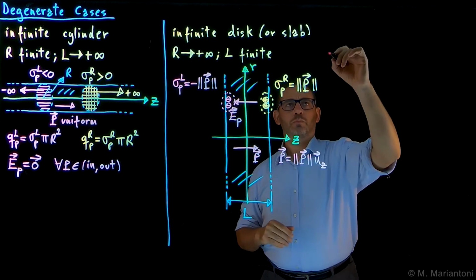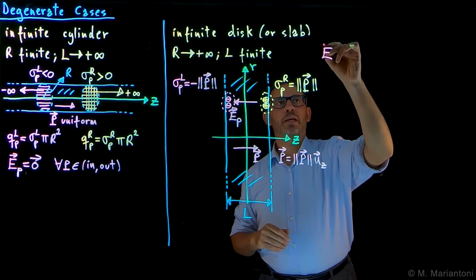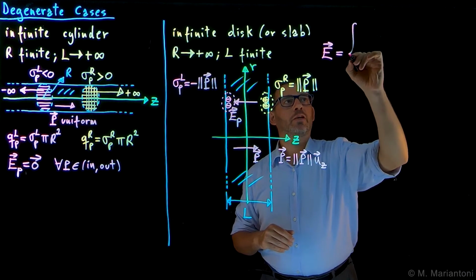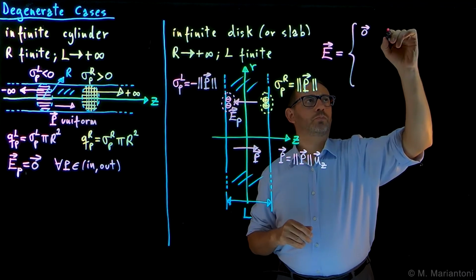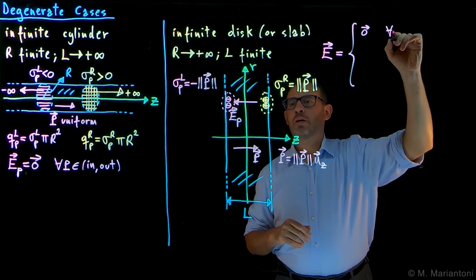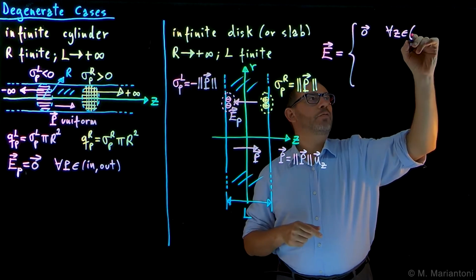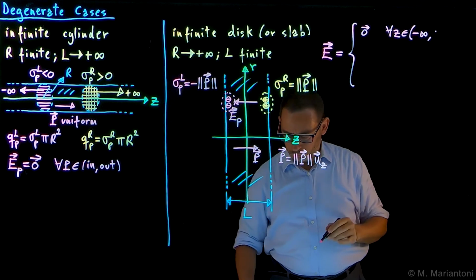So clearly, the electric field in this specific case, everywhere in space, is given by three contributions. Zero, of course, for each value of z in the region on the left, from minus infinity to 0.